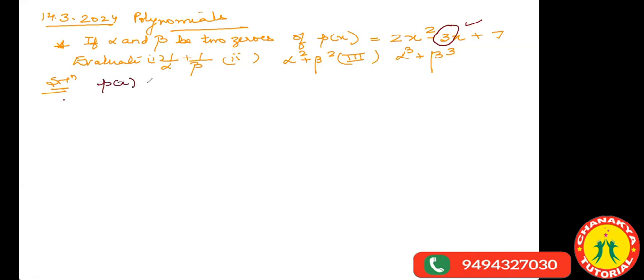So polynomial is given, 2x square minus 3x plus 7. Siddhishri, good evening, beta. Good evening, ma'am. Good evening, beta. Now tell me the values of a, b and c here.